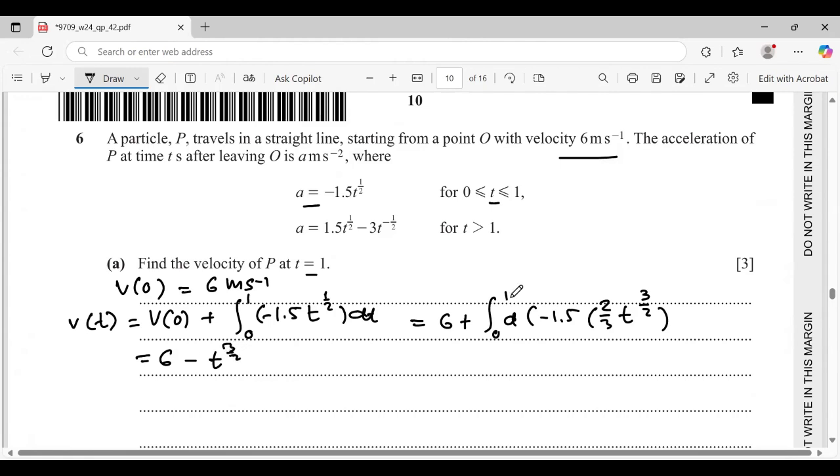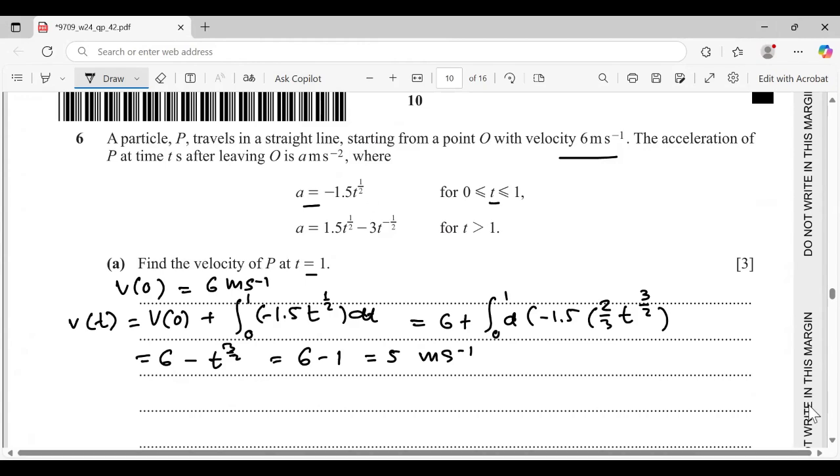Okay, but we are going to substitute 1 and 0. So it's going to be 6 minus 1 power 3/2. At 0 it is still 0, so it is 5 meters per second.